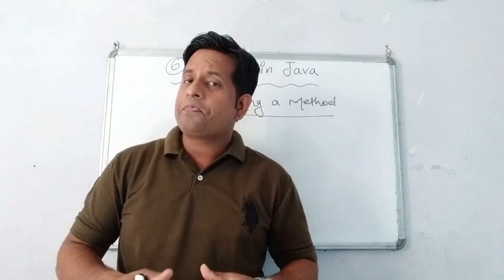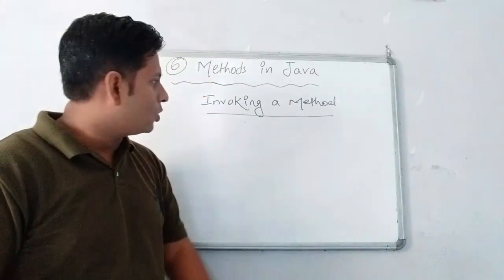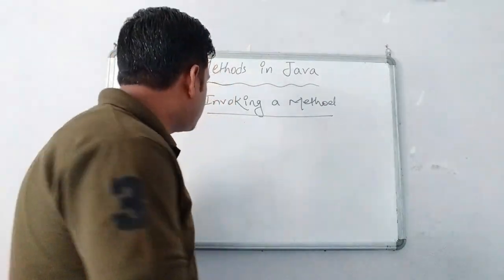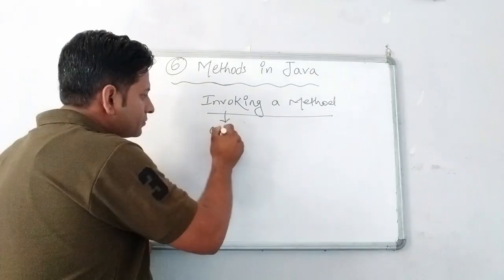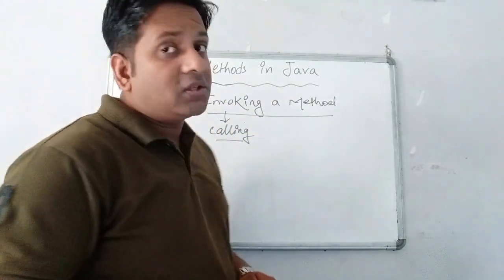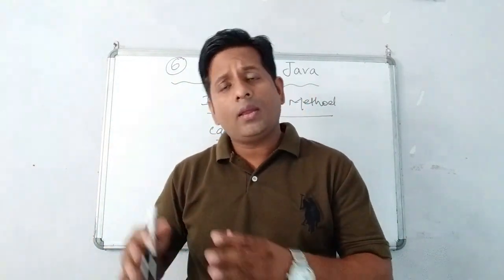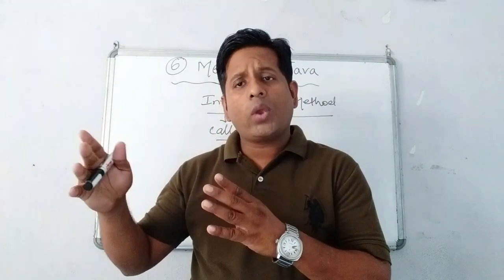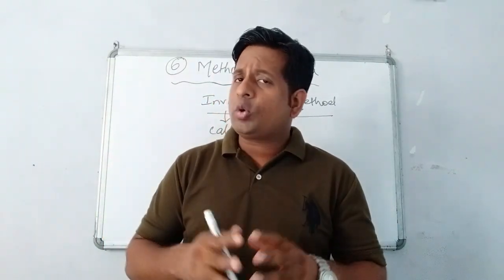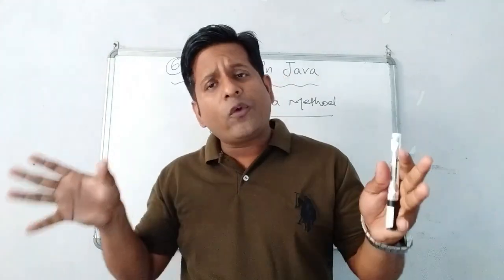Okay children, the next topic we are going to learn in this chapter is invoking a method. First of all, let me tell you, invoking means calling. Now what are the different ways of calling functions? Just now we have learned how we define the function and how we call the function. Now the question arises, when you are calling the functions, what are the ways you are going to implement?